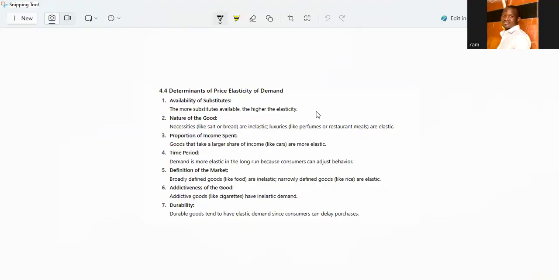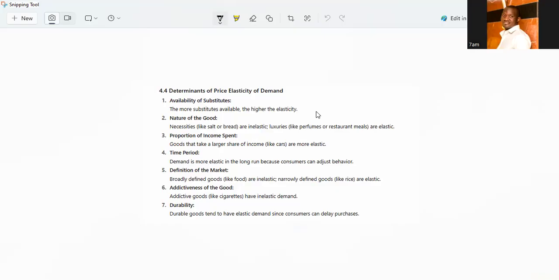For instance, I gave an example of load shedding. The solar alternatives were fewer. People were just going for the hybrid inverters, etc. So it is inelastic in the short run, because you have no choice. In the long run, it becomes elastic because there are a lot of substitutes. Also, the definition of the market. If the market is broadly defined, it is inelastic because you can switch.